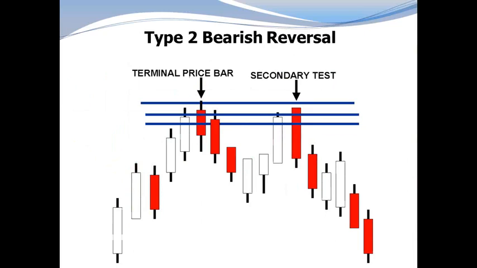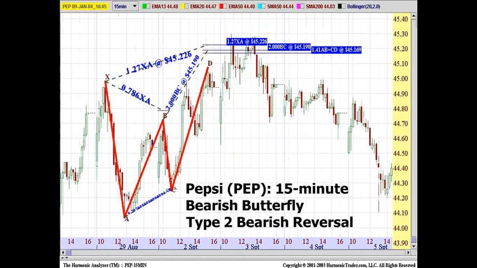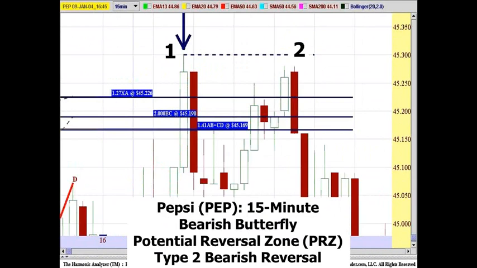Now, type 2 bearish reversal, again, tests all the numbers in the potential reversal zone, establishes the terminal price bar, and trades out of the potential reversal zone only to experience a secondary retest. Looking at this 15-minute chart of Pepsi, we look at a bearish butterfly that had 2 tests of the entire potential reversal zone.